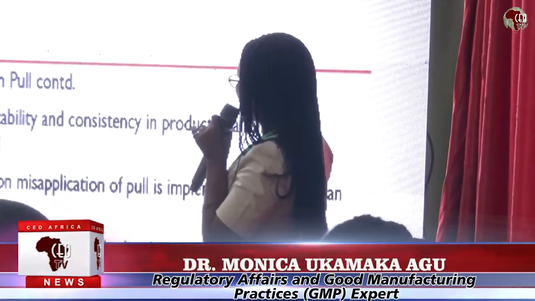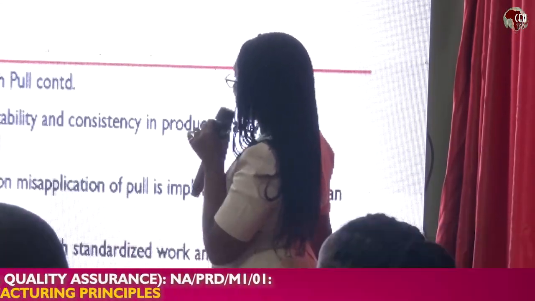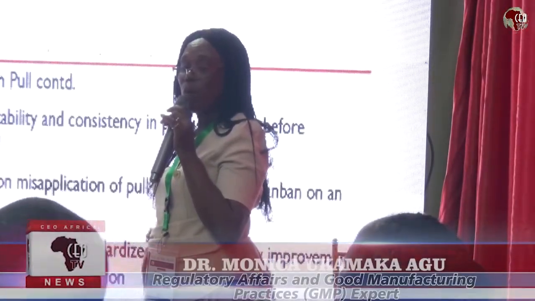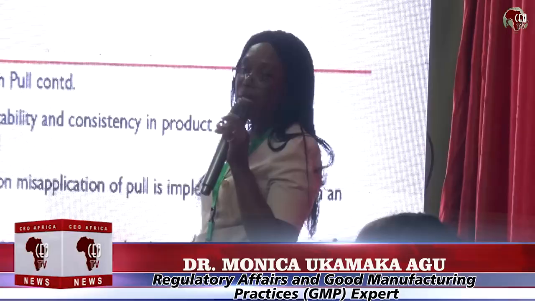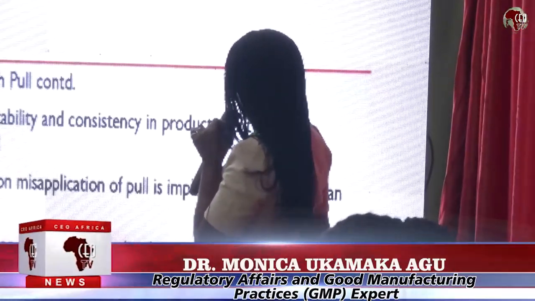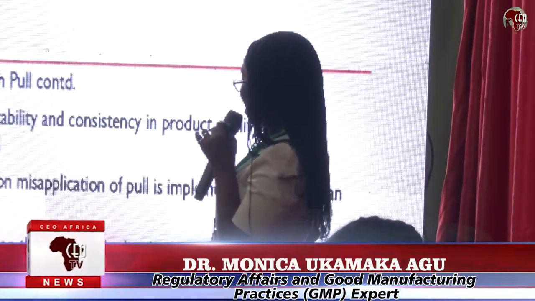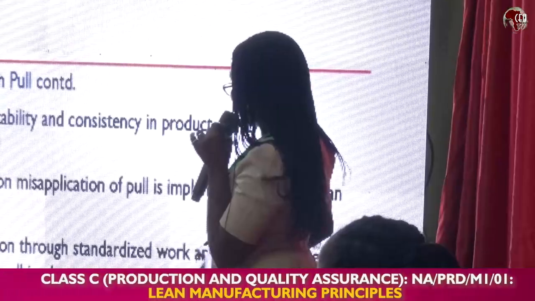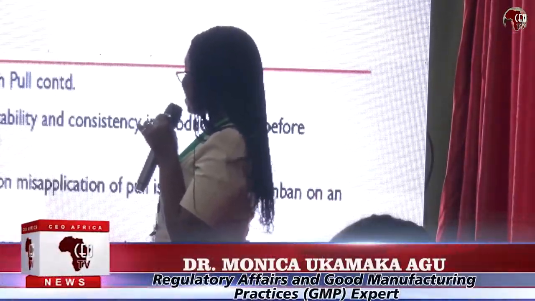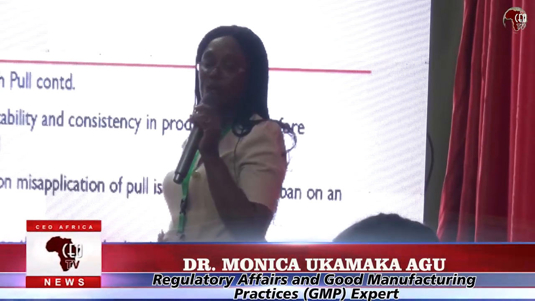So to establish pull, we need to ensure process stability, like I said before, and consistency in product quality. Because if your process is not stable and you don't have a consistent quality, you cannot implement lean manufacturing principles. The most common misapplication of pull is implementing Kanban in an unstable process, like I said. Process stabilization through standardized work processes, and also quality improvements, must precede the project of going into lean manufacturing.